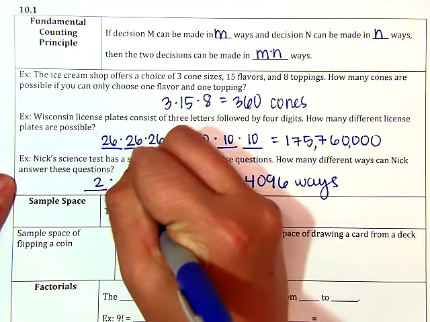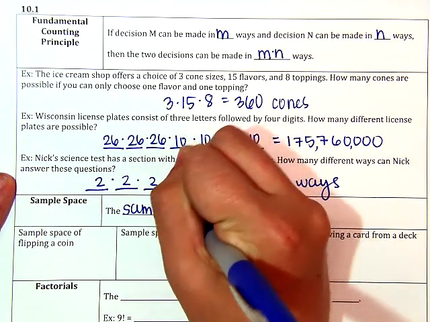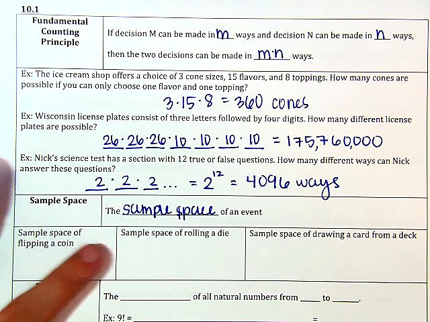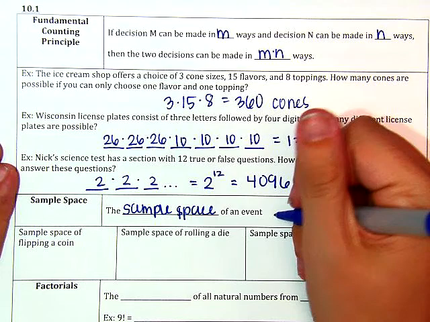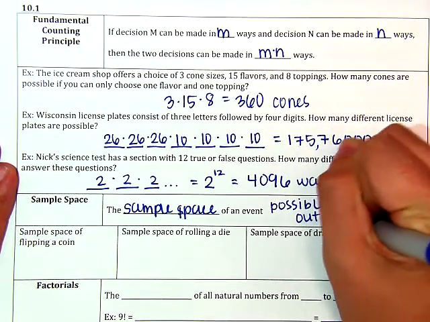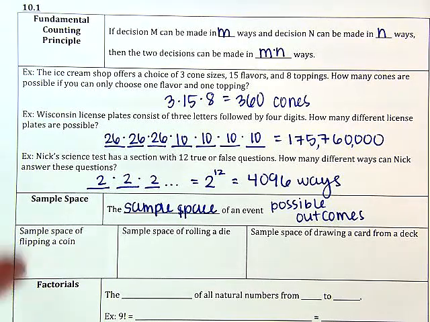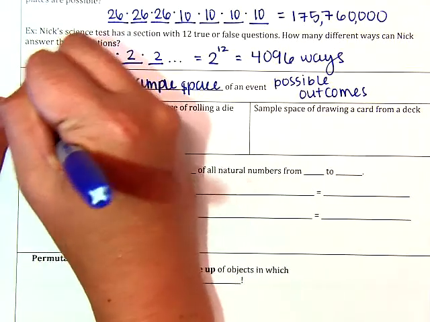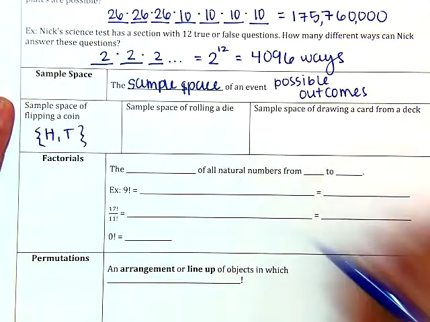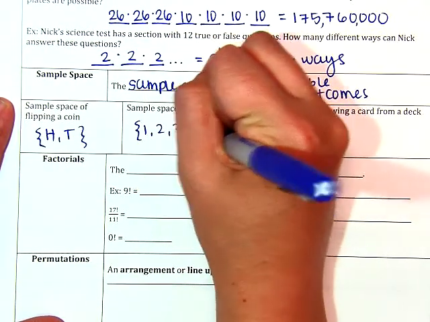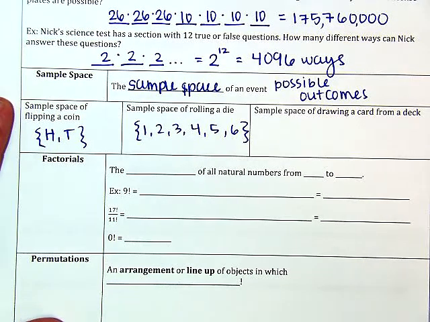Okay, sample space. Sample space of an event is all the possible outcomes. So a sample space of flipping a coin. What are your options? You either have heads or you have tails. Rolling a die, you could get 1, 2, 3, 4, 5, or 6.